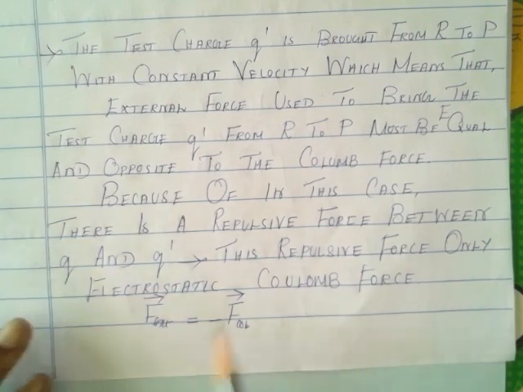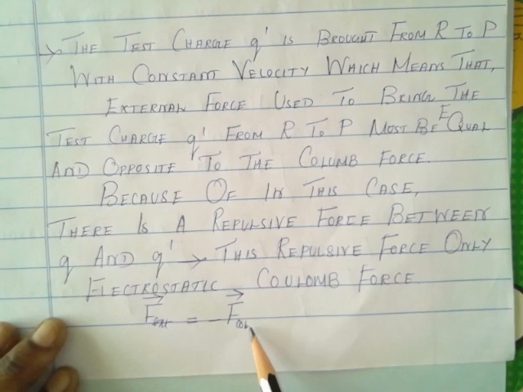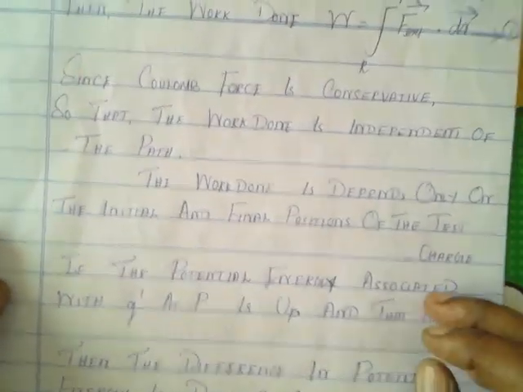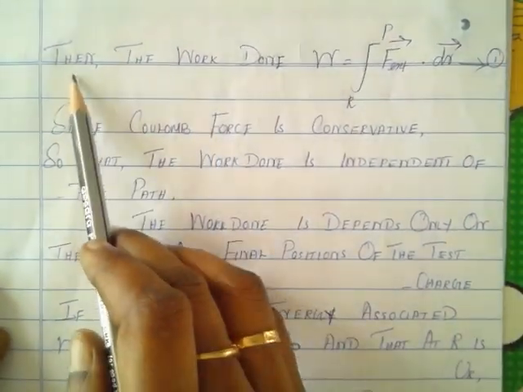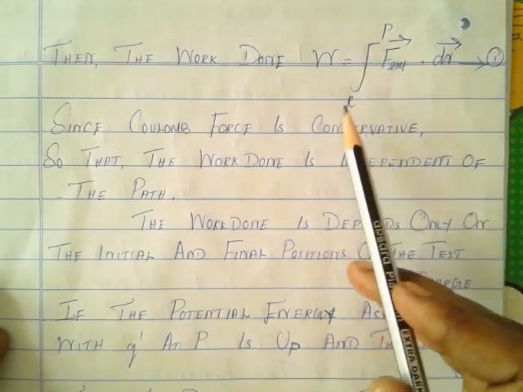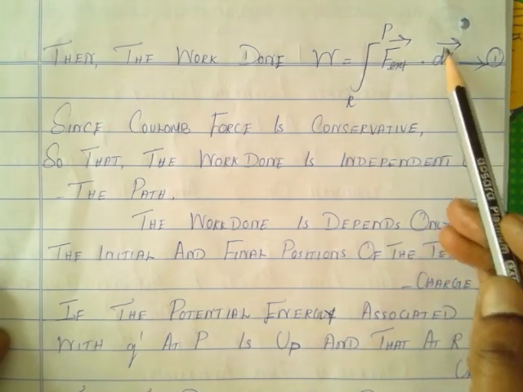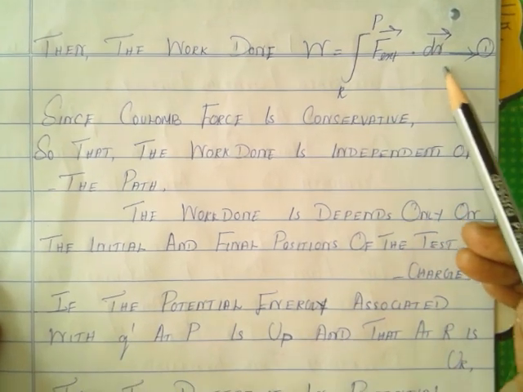That is, F external is equal to minus F Coulomb. Then the work done W is equal to integral R to P F external dot dr vector. This is equation number 1.